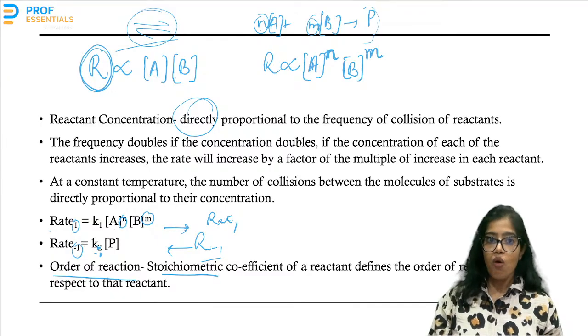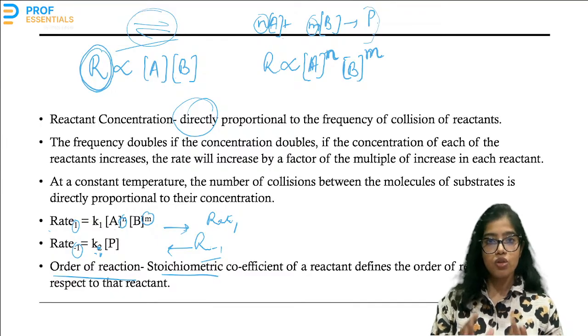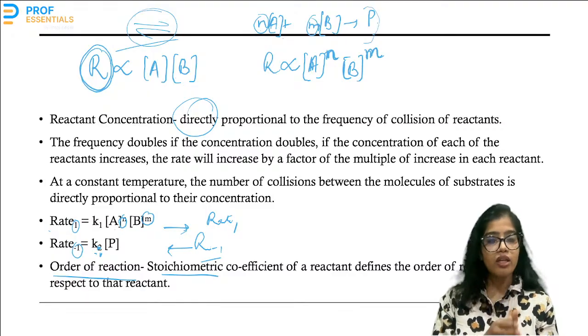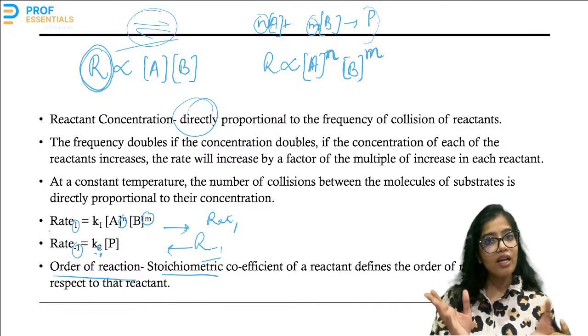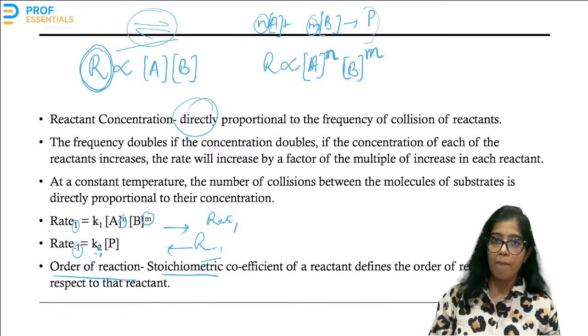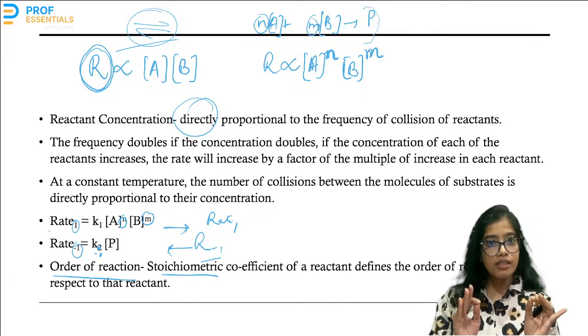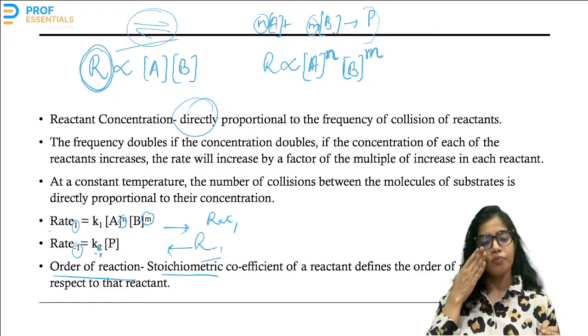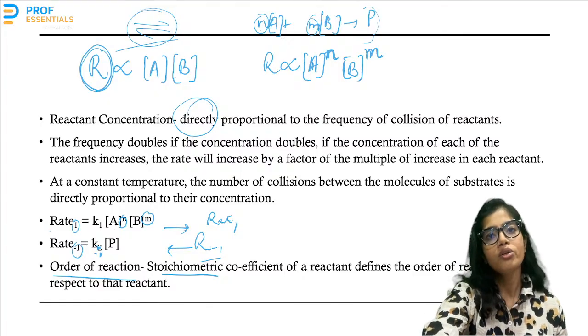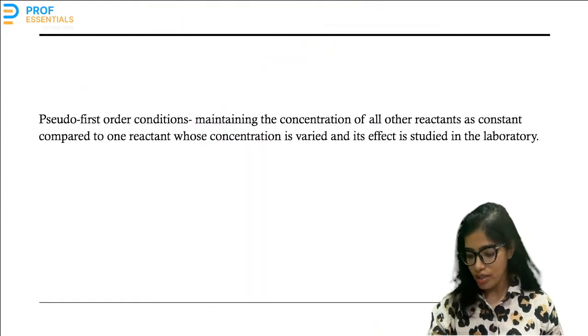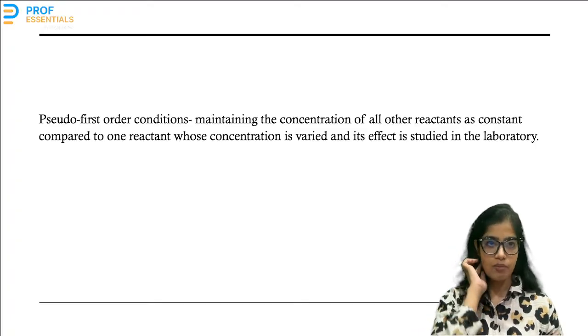This is about the order of reaction. You can define it with respect to the reactants, or you can define the order of the reaction per se. You have to focus on the stoichiometric coefficient. That is why it is extremely important to always write a balanced chemical reaction and not just a generic reaction.